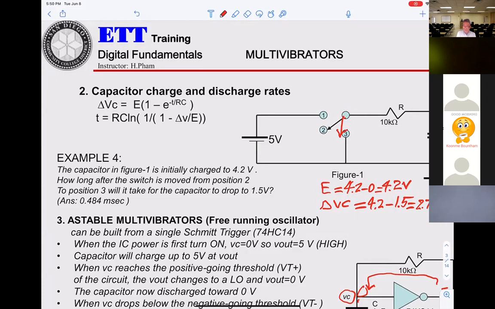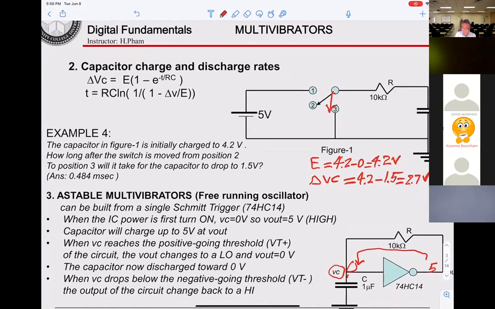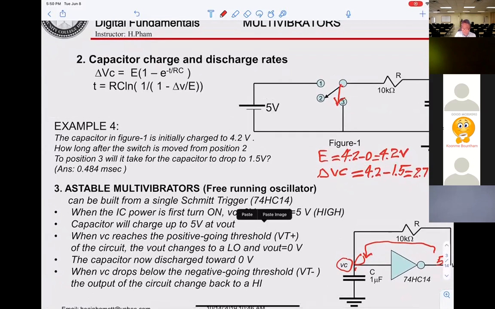I'm just trying to get the wording together because you use the words initially and the voltage you're trying to reach.